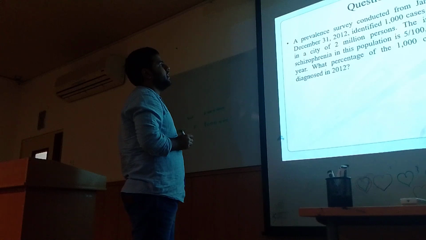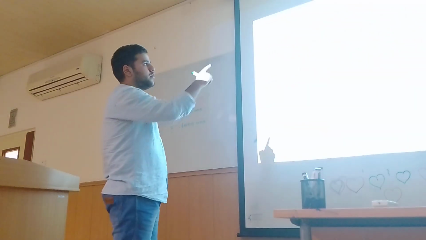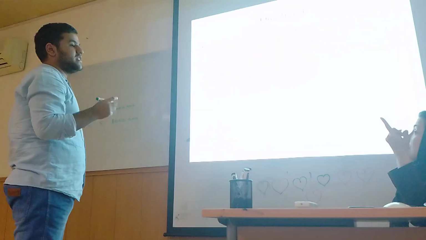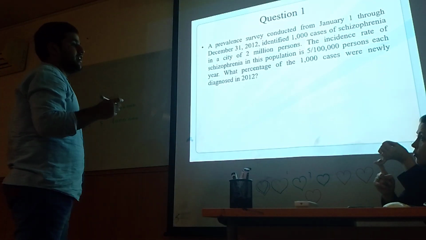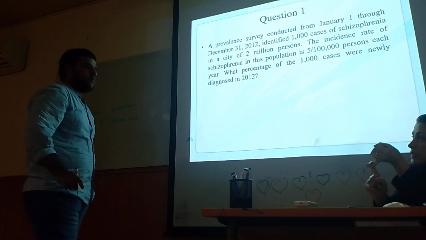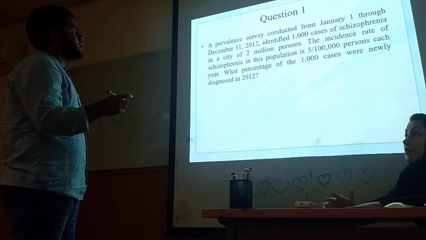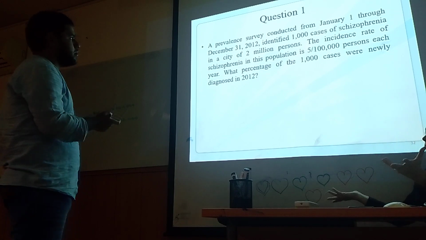So first we will find the incidence rate. What is that 1,000? 1,000 is the cases. Is it newly diagnosed? No. Old, or both of them? It is actually old, already present in the society.